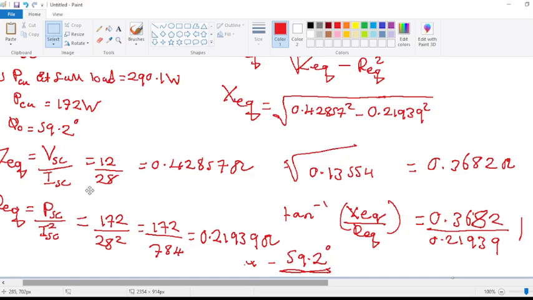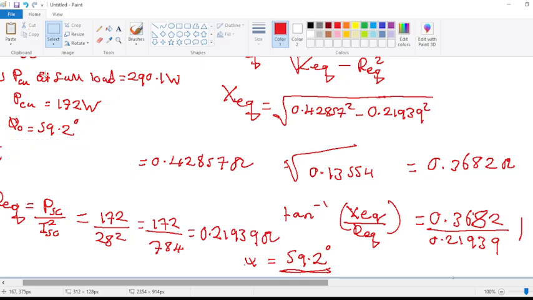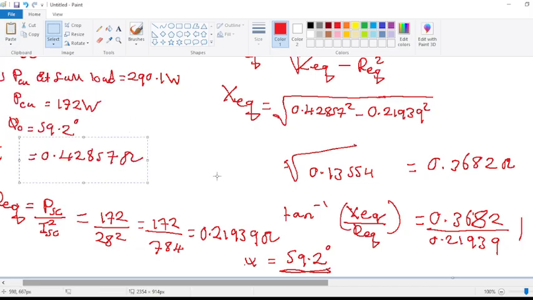We still need these calculations. So this is the 0.42, it was the impedance. This one, it's the impedance.